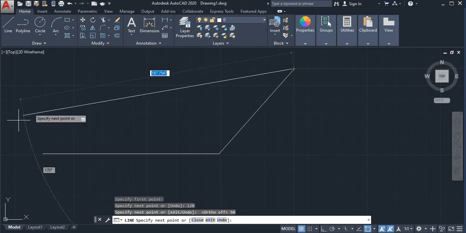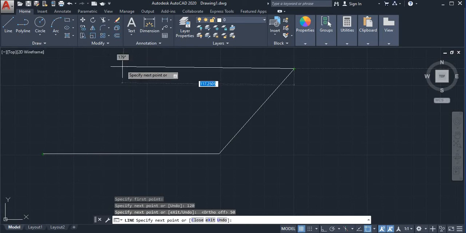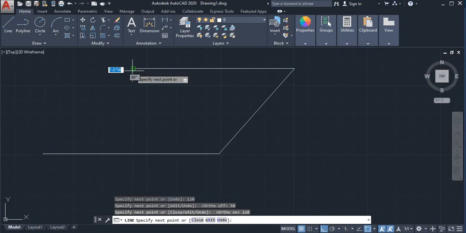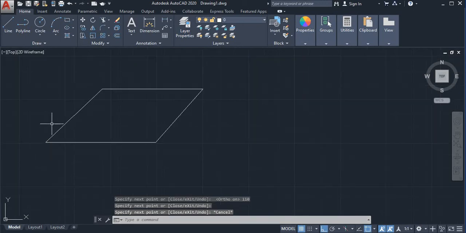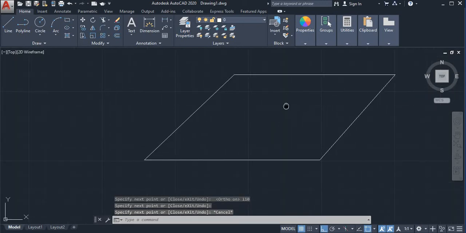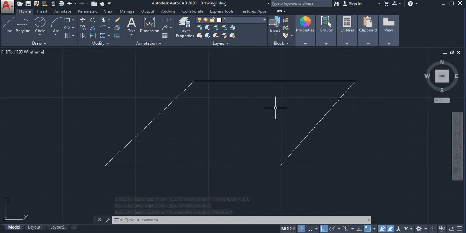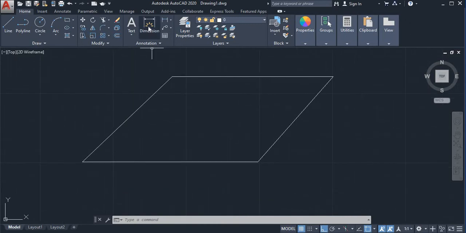Enter. Again, ortho mode on. I will choose 110. Close the drawing. This is the simple drawing I will take to show the dimensions.